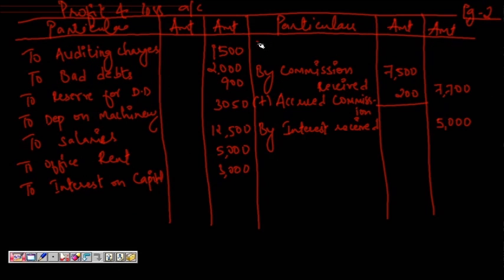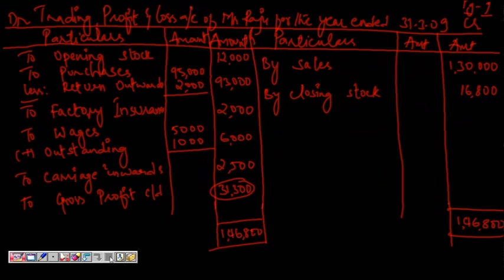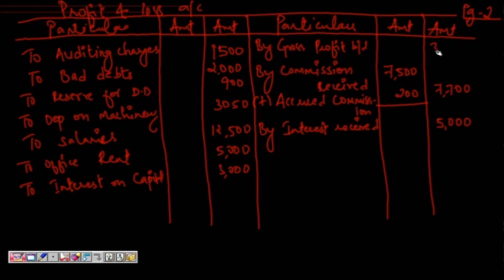Clear? This gross profit you have to bring down to the P&L account. Right here on the P&L credit side, by gross profit brought down. The value of gross profit is 31,300. So right here 31,300. Now again check whether your debit side total or credit side total is more. It seems your credit side total is more. That is coming up to 44,000.